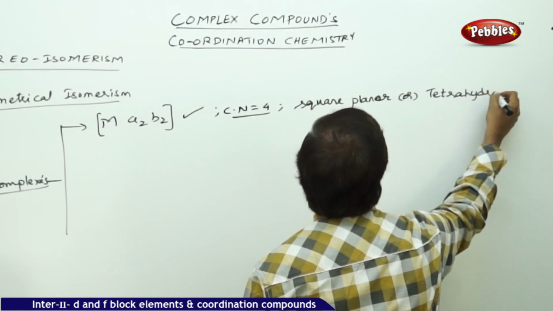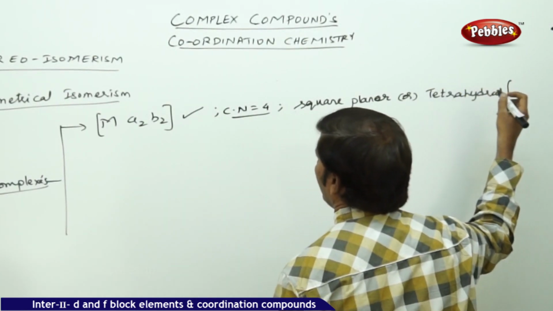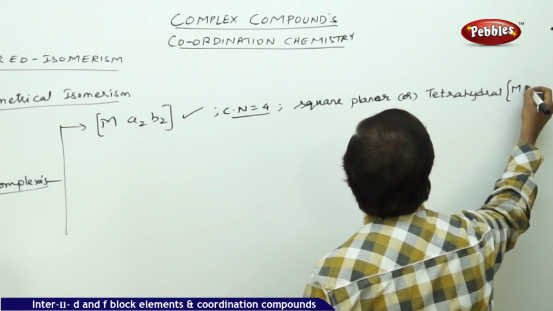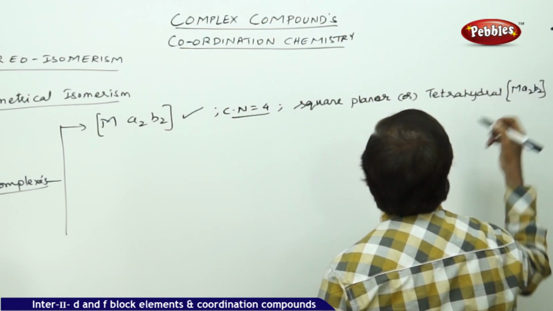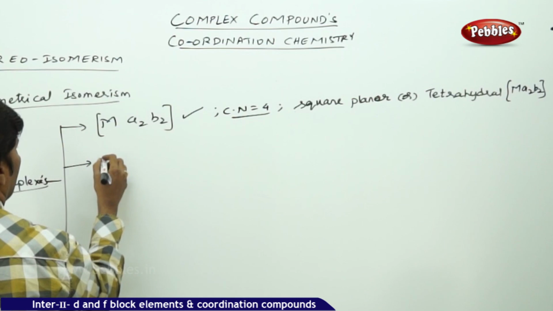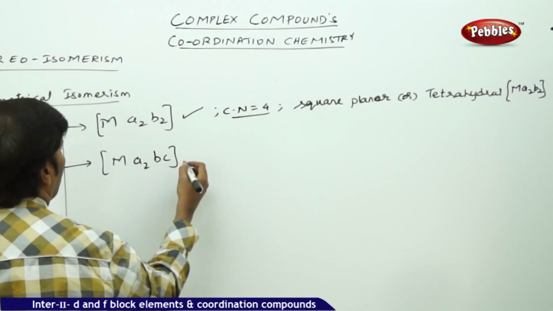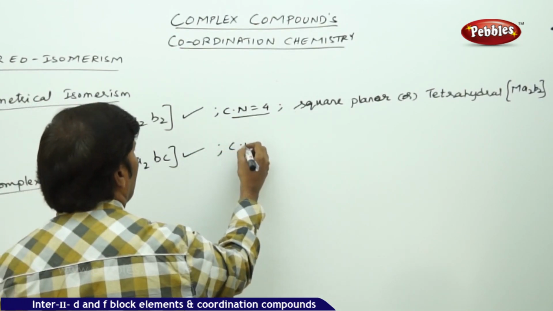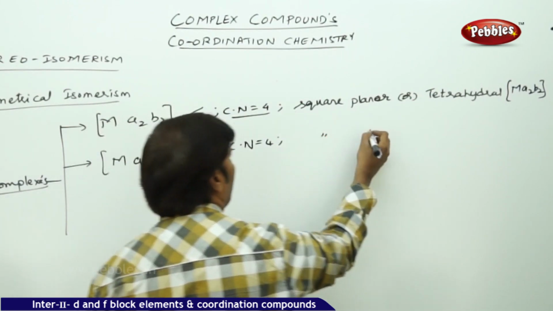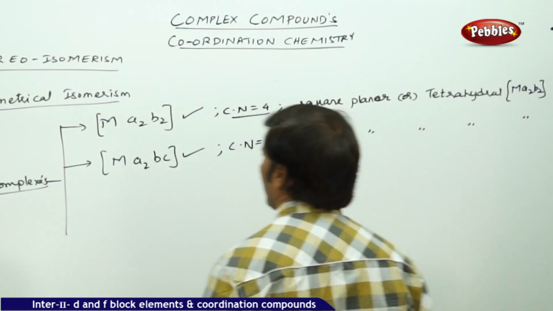If it is tetrahedral, then you can take Ma2B2. Here also the complex is Ma2B2 only. Again, you can also take Ma2BC, which also can give geometrical isomerism. Its coordination number is 4. It can be square planar or sometimes tetrahedral, and it is almost the same condition.